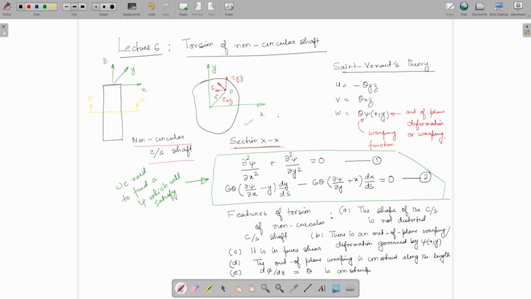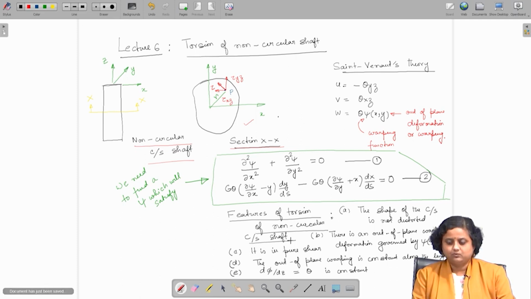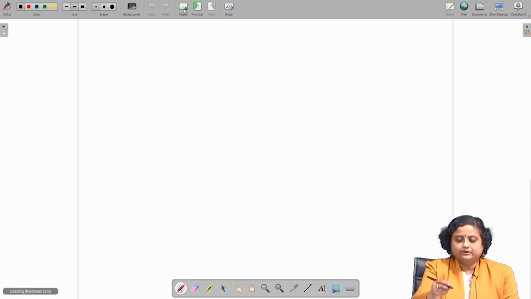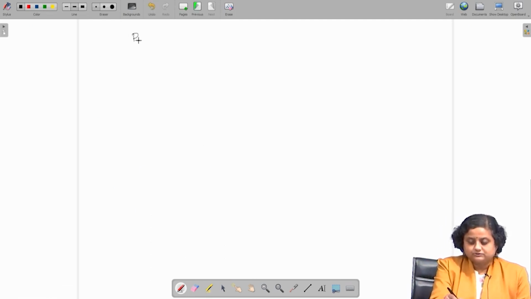So, these are the basic features of torsion of non-circular cross section shaft. The essential difference with the circular shaft, as I mentioned earlier, is the out of plane warping. Now, let us look into the second topic, which is the Prandtl stress function.